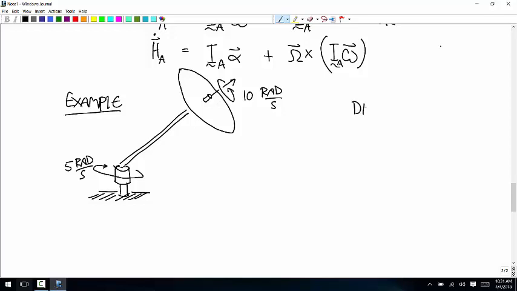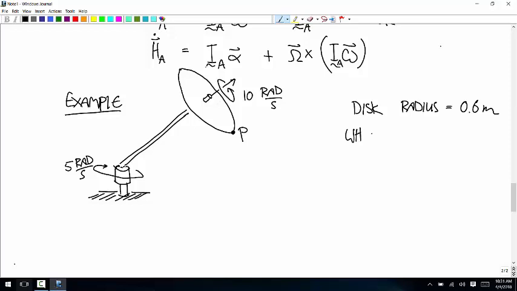Let's say that the disk radius is 0.6 meters. And the point that we're interested in is down there.